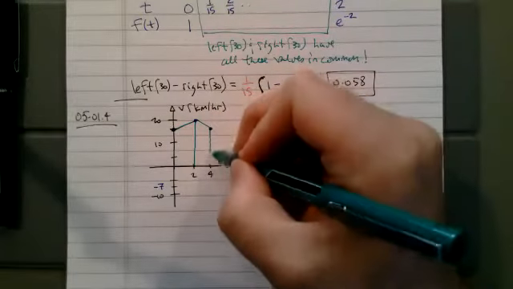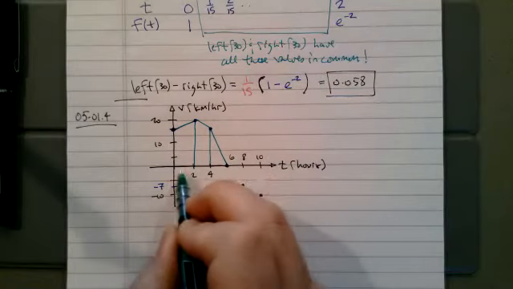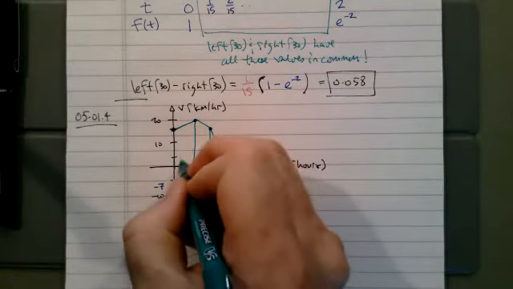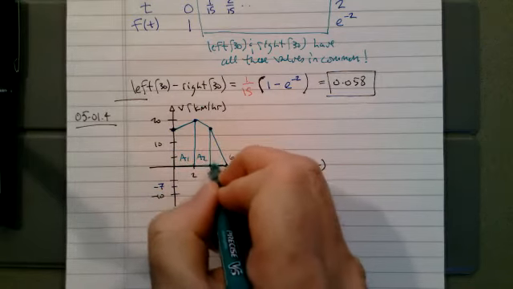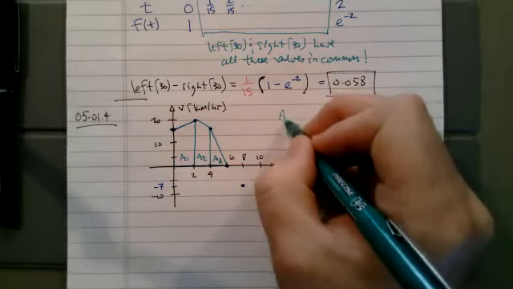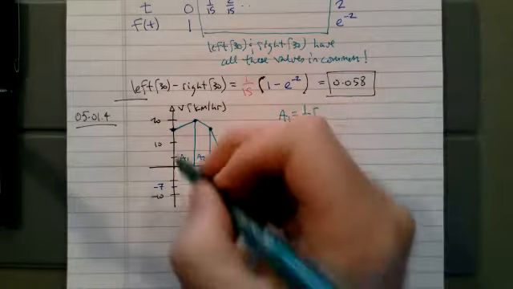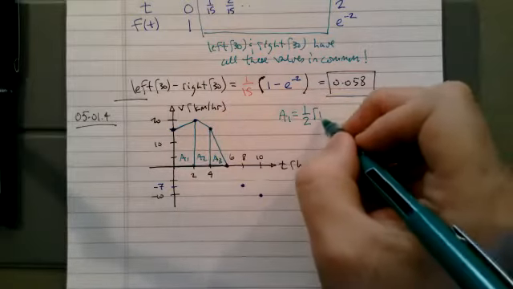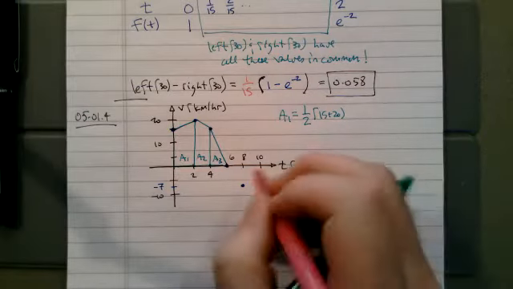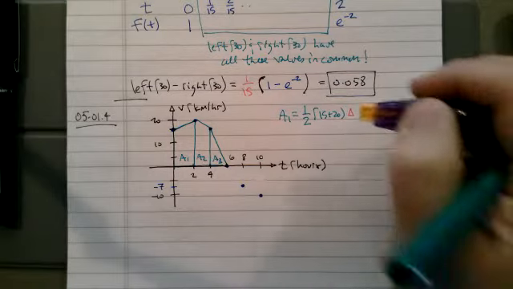Oh, I guess this one from 4 to 6 is going to be a triangle. So here's us riding away from home. I'm just going to label them Area 1, Area 2, and Area 3. Area 1 will be a trapezoid, the average of the two heights, 15 and 20, multiplied by the change in time, delta t, which is 2.